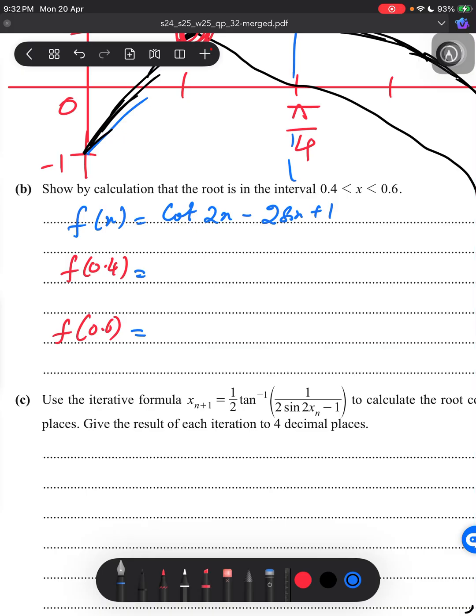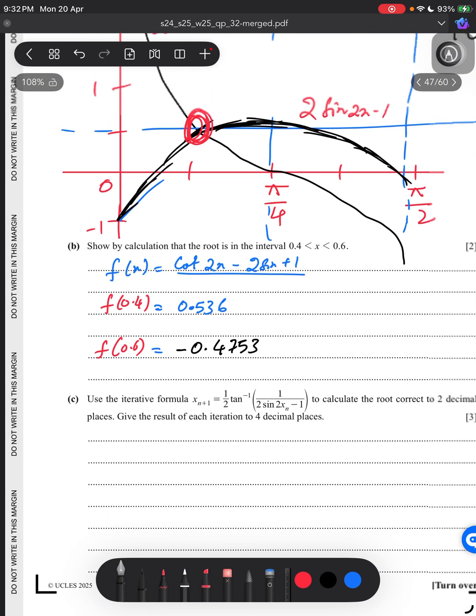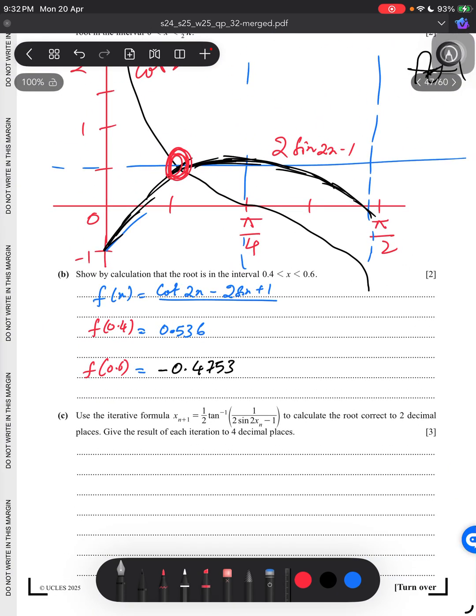The first value for this would be 0.536. That's fine. The other value would be negative 0.4753.